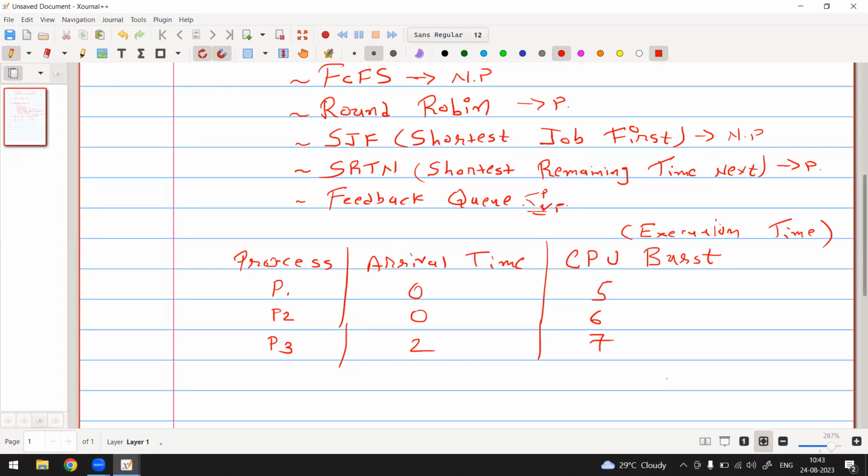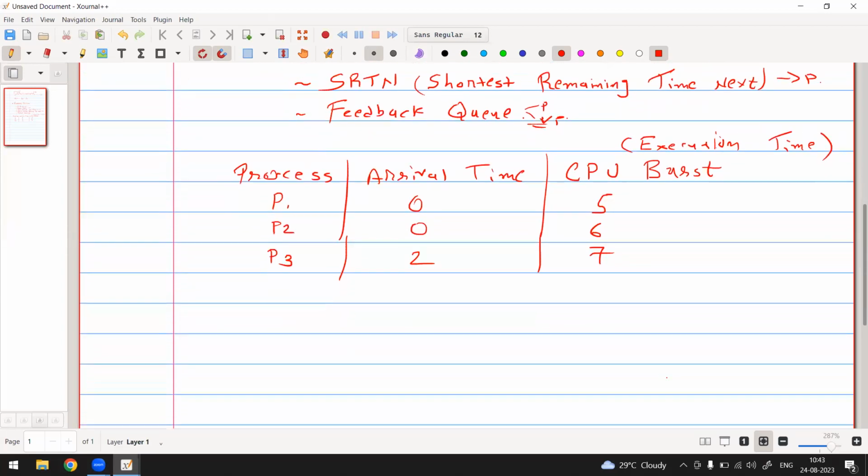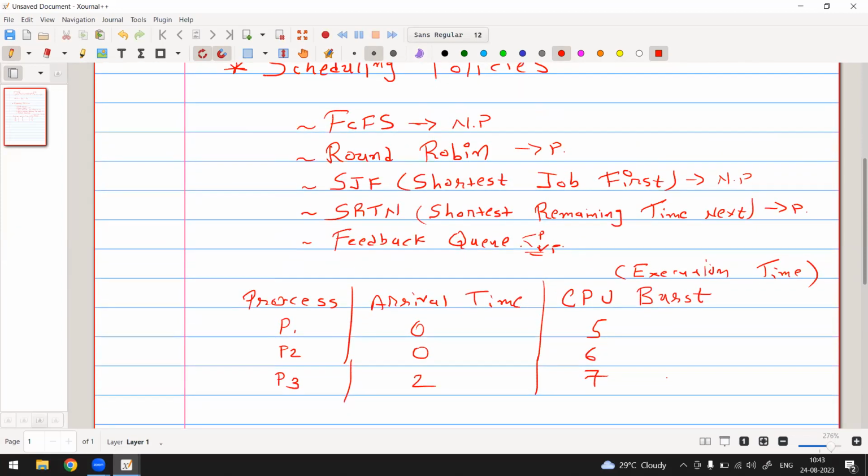So based on this data, we can do the scheduling of the processes through different algorithms.